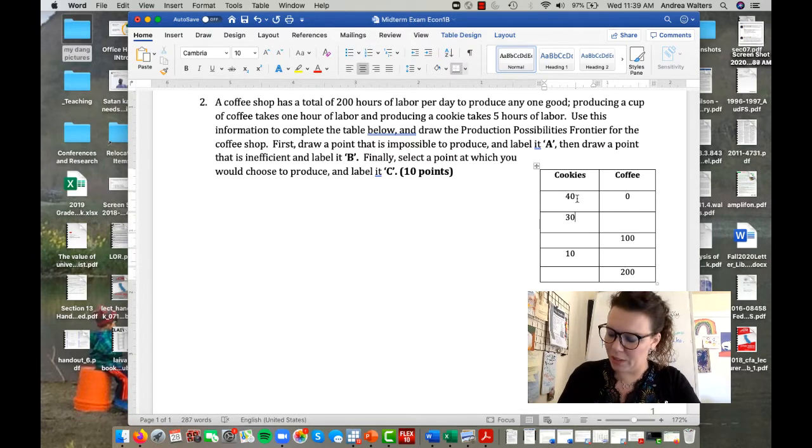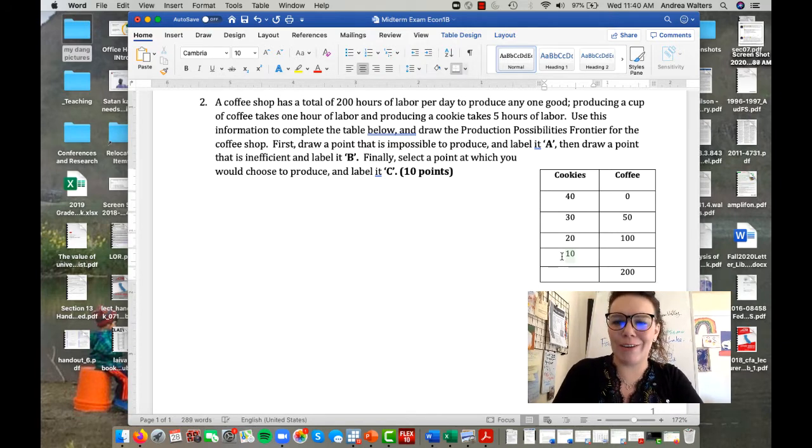If we make 30 cookies, each cookie takes 5 hours. That means we're going to use 150 hours of labor for cookies. That only leaves 50 hours for coffee, and each cup of coffee takes 1 hour, so that gives us 50 cups of coffee. We can go back over here. If we spend half of our time making coffee, we have 100 hours to make cookies. 100 divided by 5 gives us 20 cookies.